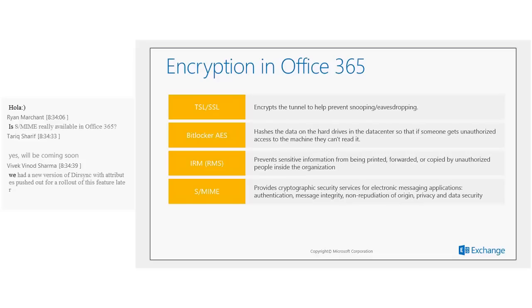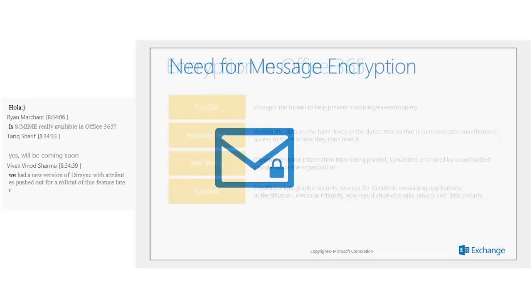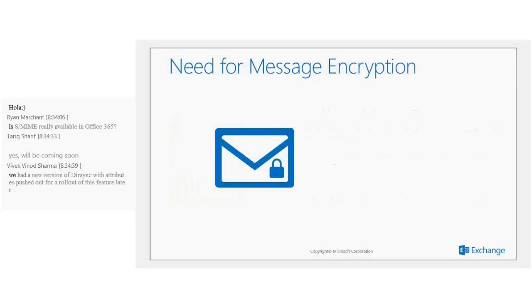So with all these encryption technologies already in place, why do we need message encryption? The answer really is the scenario that we are trying to target here. Office 365 message encryption is targeted for scenarios which are more B2C focused. You may have a bank which wants to send banking statements to its customers.